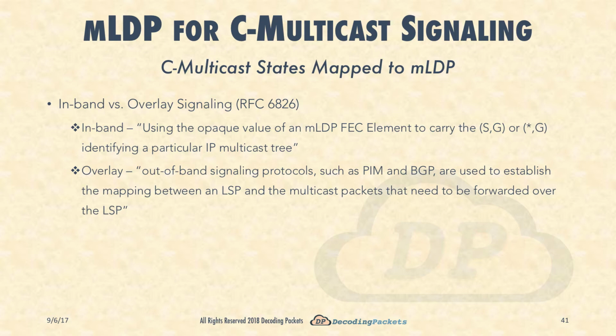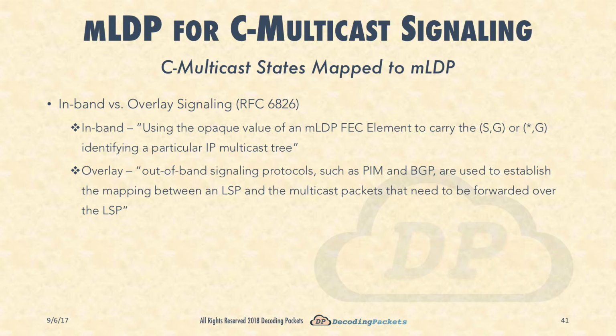Very succinctly, it's two or really three things. Number one, the root of the LSP. Number two, the opaque value of that LSP, the FEC opaque value. And number three, the type of the multipoint LSP, whether it's point to multipoint or multipoint to multipoint.